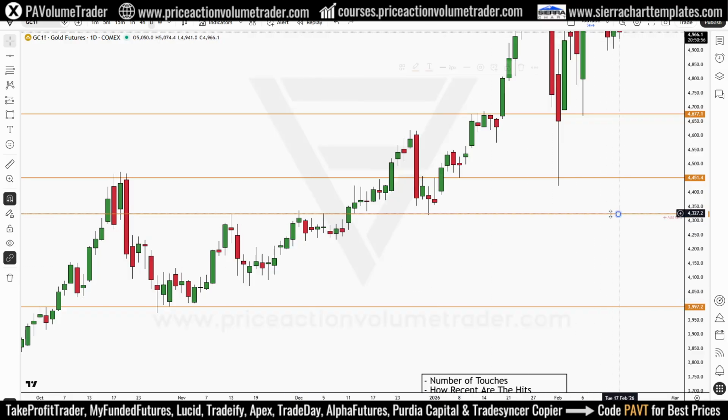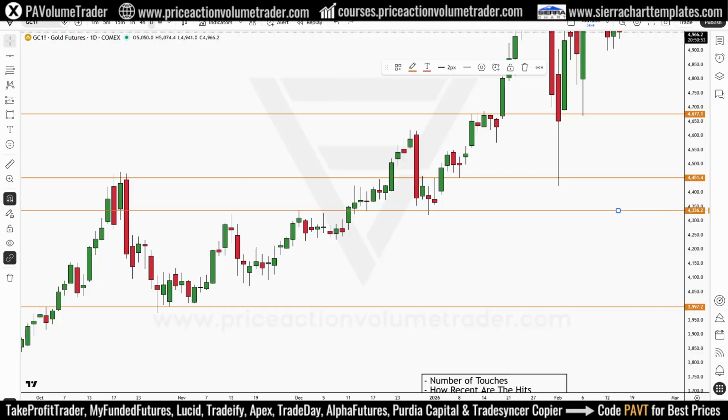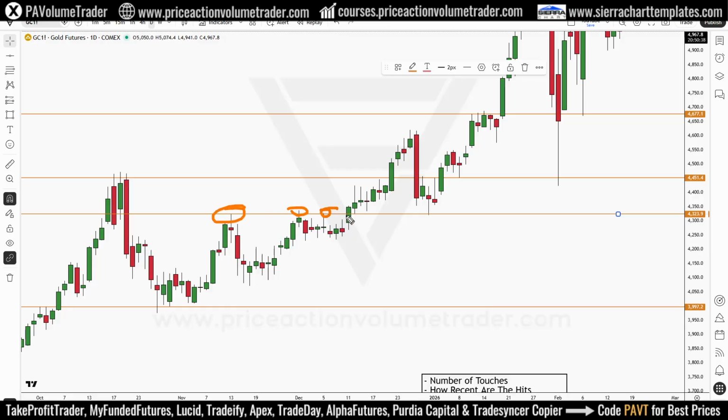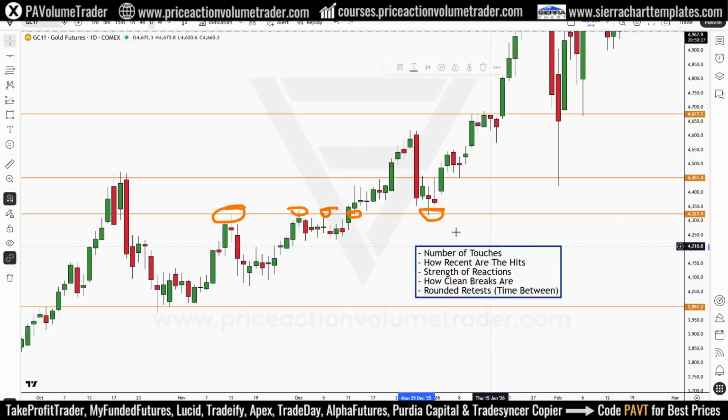If I would put this at the very high, I'm missing these two tests. So by just moving it down to the lowest highs here, now I have more number of hits, and then we have a perfect back test after the confirmed daily breakout and a very precise back test on this rounded retest again into the level.